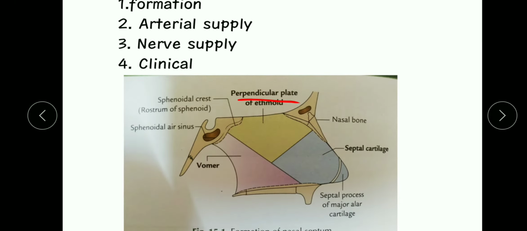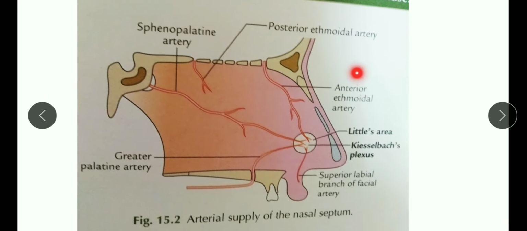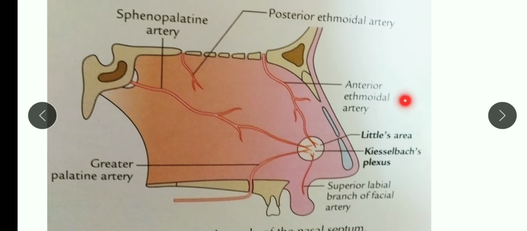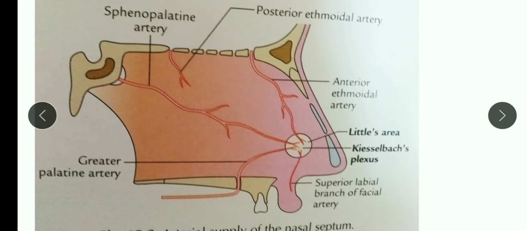If we come to the arterial supply, anterior superior part is supplied by the anterior ethmoid artery, posterior inferior part by sphenopalatine artery, anterior inferior part by superior labial and greater palatine arteries, and posterior superior part by sphenopalatine artery.